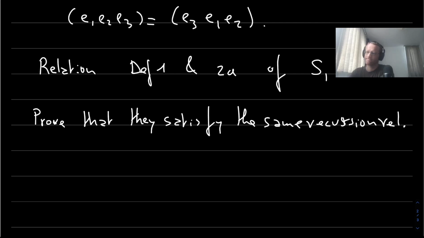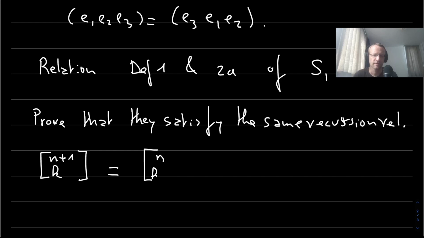How do we do that? Well, we ask in the combinatorial way: suppose I want to divide a set with n plus 1 elements into k cycles. One thing I could do is take n elements, divide them into k minus 1 cycles, and then add the n plus first element as a new cycle.